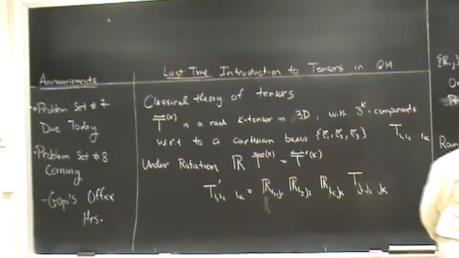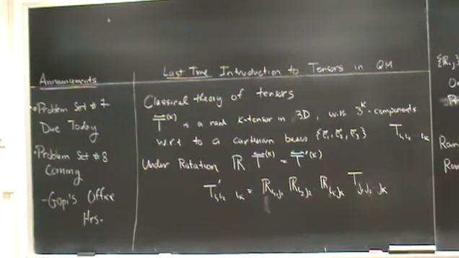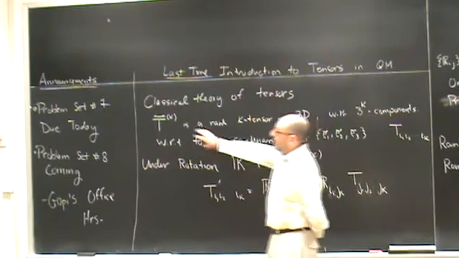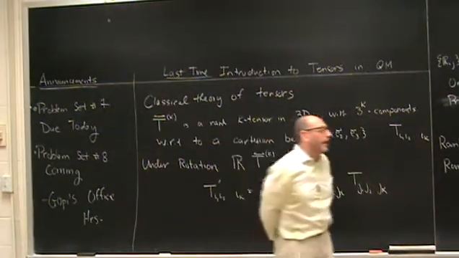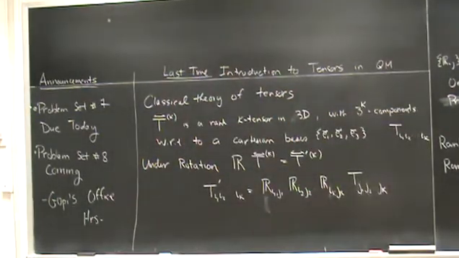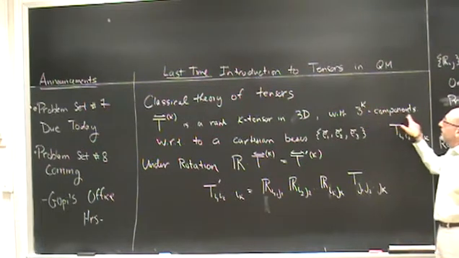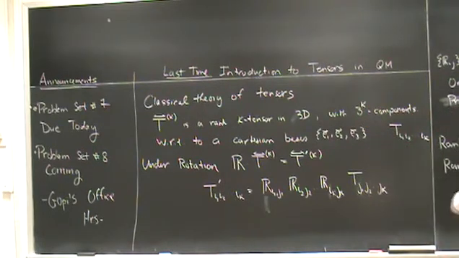Okay, that's what defines what we mean by a tensor. Generally, if it's a rank K tensor, then that is an object which has 3 to the k different components with respect to some Cartesian coordinate system.